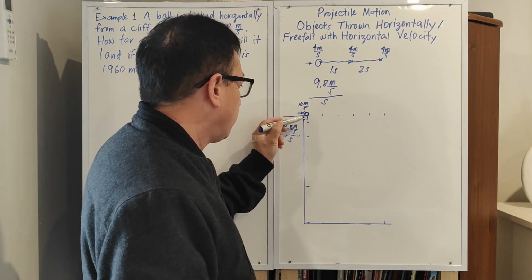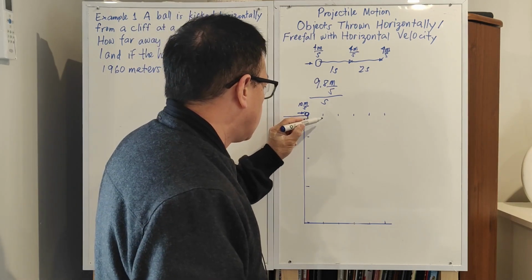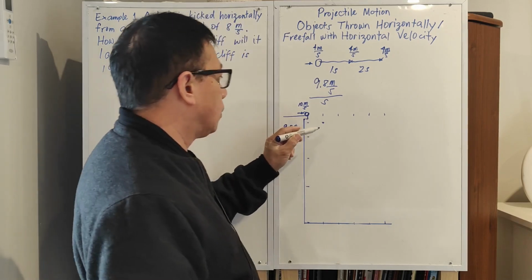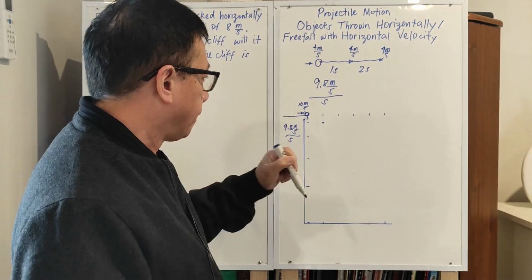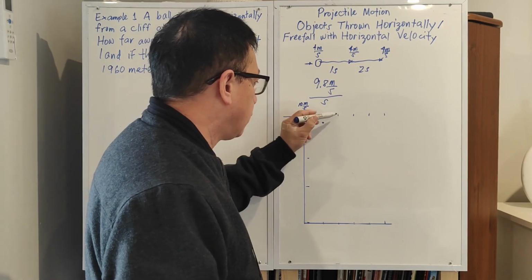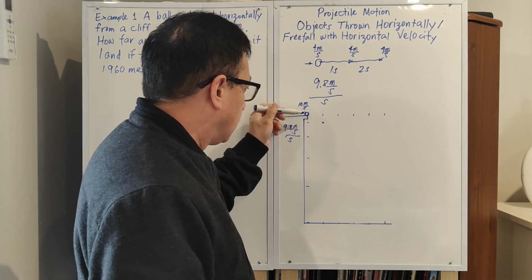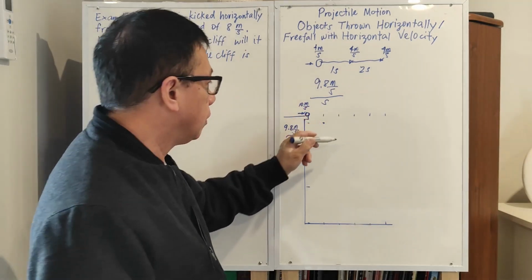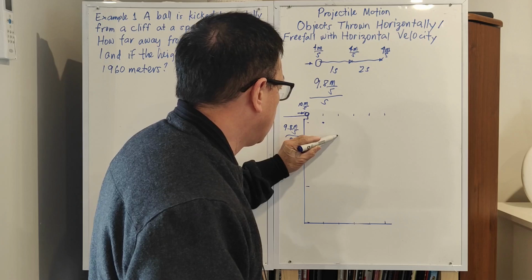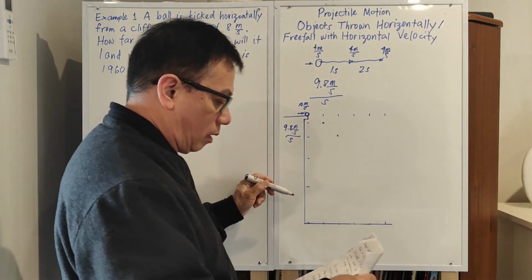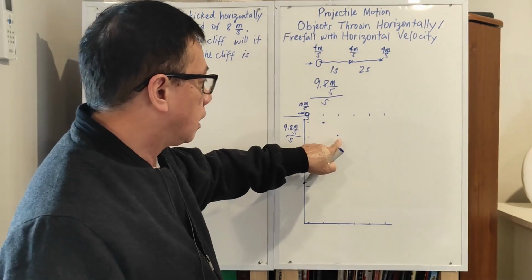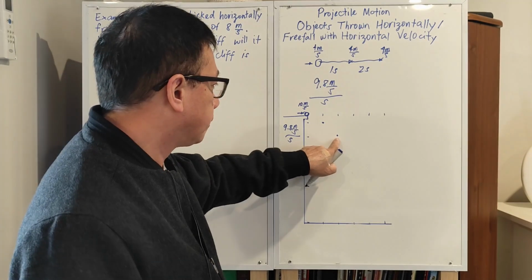At the same time, the velocity at this point will be 9.8 meters per second. Now, after 1 more second, it will still have the same horizontal velocity, but the rate of descent will be bigger. So at this point, the vertical velocity will be around 19.6 meters per second.